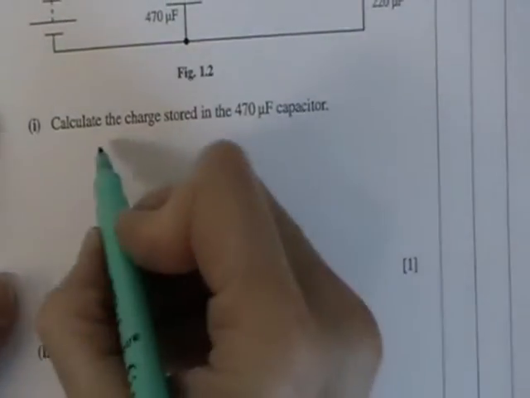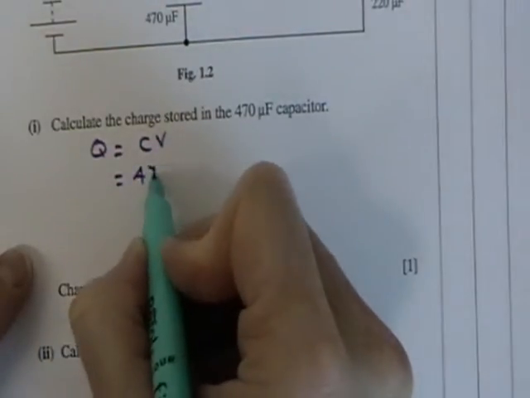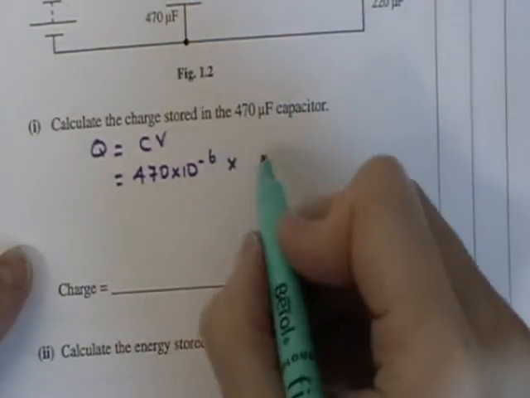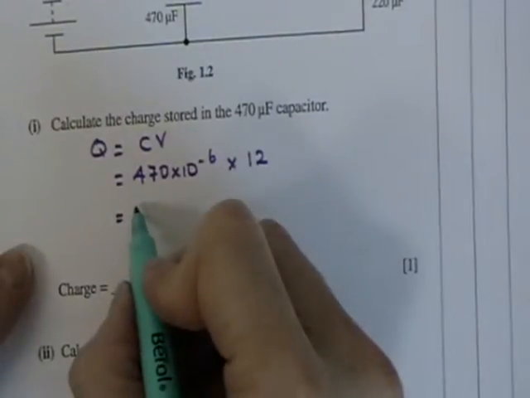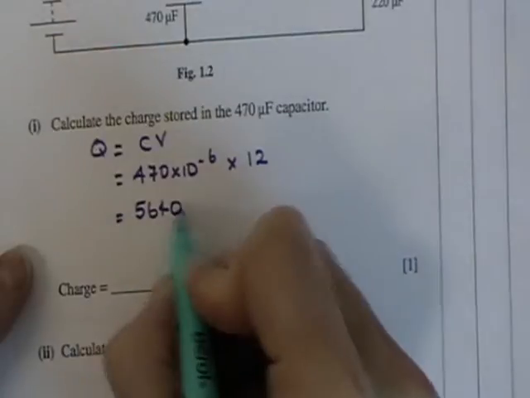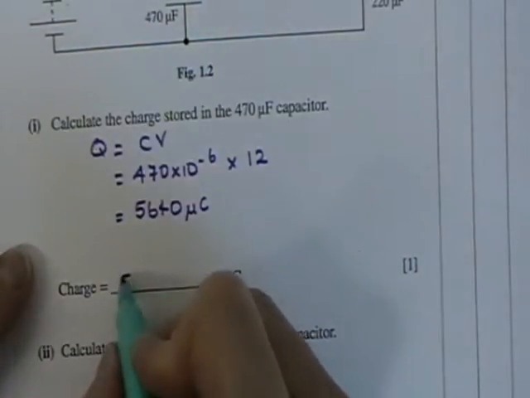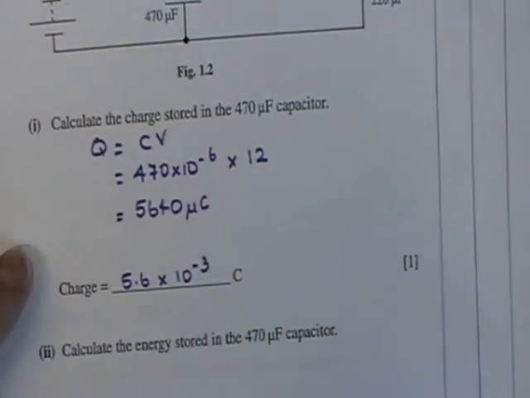We're just going to use Q is equal to CV, and that's 470 microfarads multiplied by 12 volts, and that gives you 5640 microcoulombs, or 5.64 times 10 to the minus 3 coulombs.